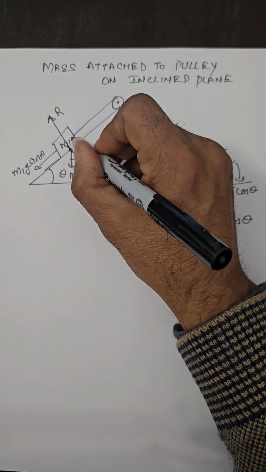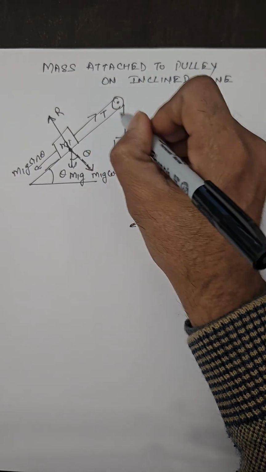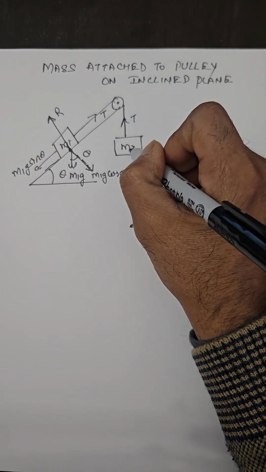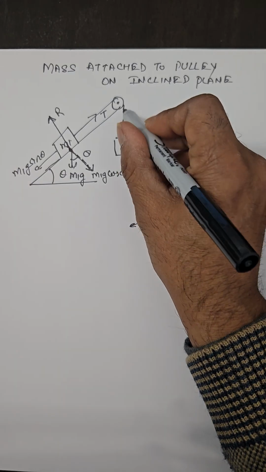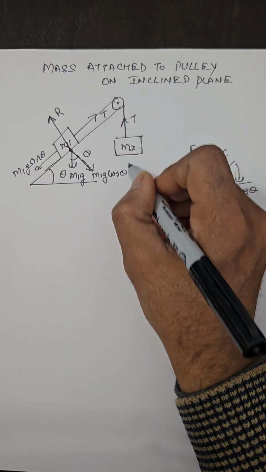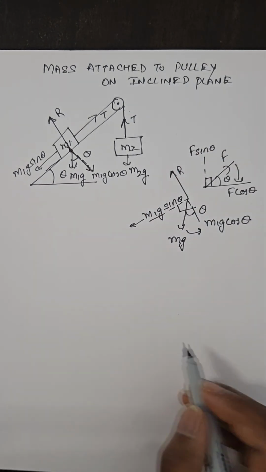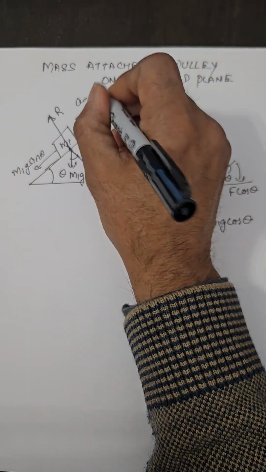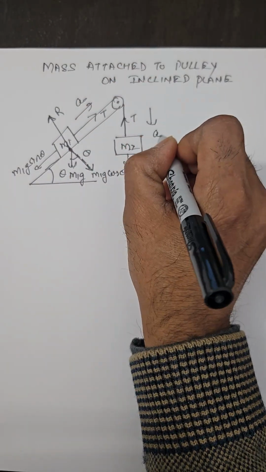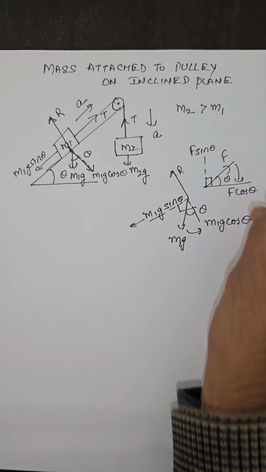Now since mass m1 and m2 are attached with the same string, tension T will come, and we know when the mass is attached to the string, the tension acts towards the pulley, right? So the weight m2g acts downward. In all this we assume that acceleration is in this direction, that is m2 is moving downward. It means m2 is greater than m1.